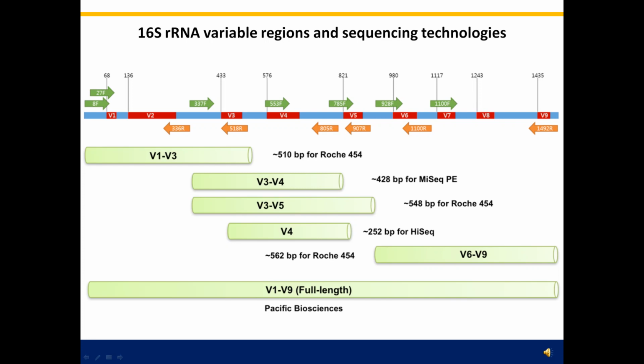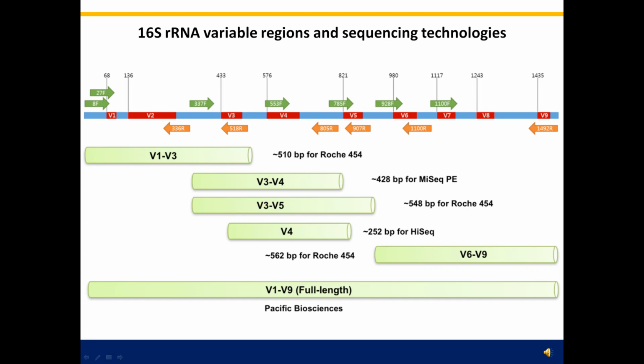Say, for an example, the V1 to V3 region. If you want to identify the V1 to V3 regions, it will be around 510 base pairs, so that can be sequenced by using Roche 454 sequencing machines. If you're going for the V3, V4 regions, the targeted region will be around 428 base pairs, and this can be used for Illumina MiSeq paired-end sequencing.